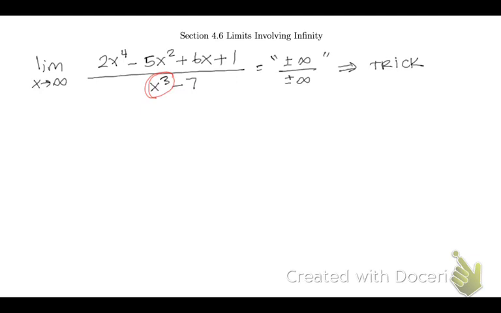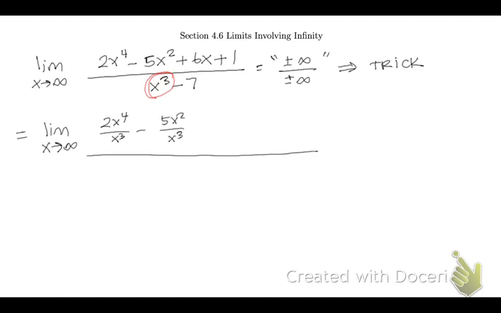Otherwise, you're not going to get the right thing. So we divide everybody by x cubed.